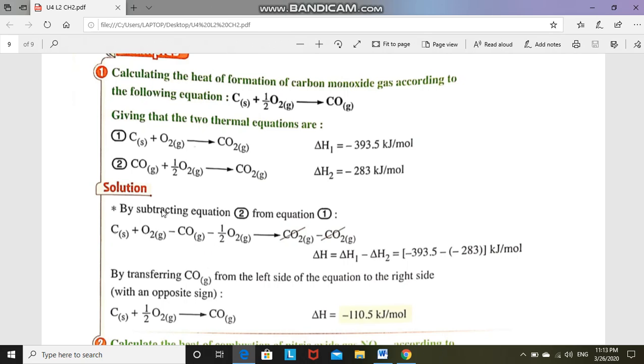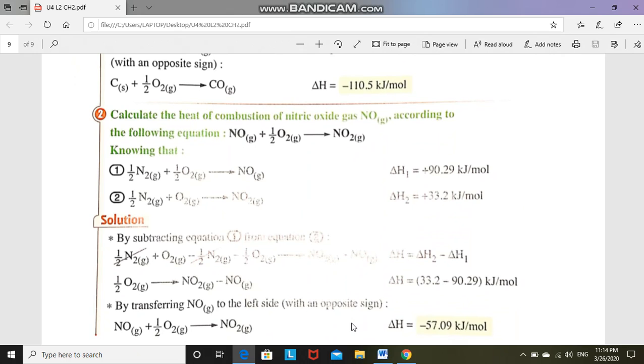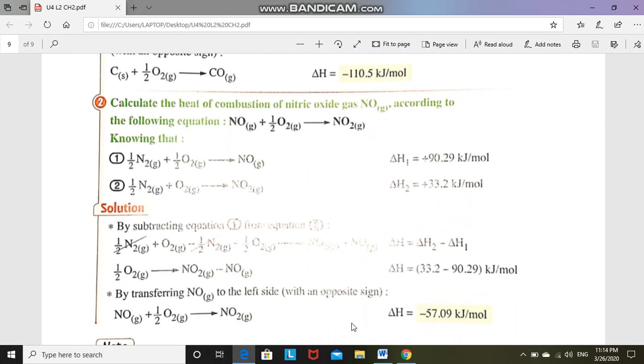We get carbon monoxide here, and we make the subtraction delta H1 minus delta H2. It gives negative 393.5 minus negative 283, and we get at the end delta H for this reaction equal to negative 110.5 kilojoule per mole.